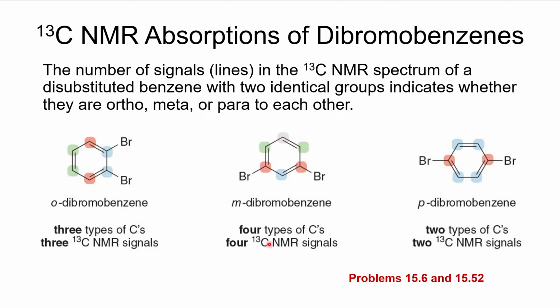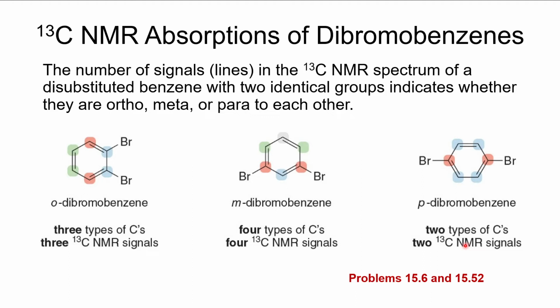So there we get 4 carbon NMR signals. With the para-dibromobenzene, we have 2 planes of symmetry. We have one that goes right down the middle this way and one that goes this way. So that means that these two are identical, these two are identical, but then these two are also identical to these two. So we only have 2 types of carbons in the signal.